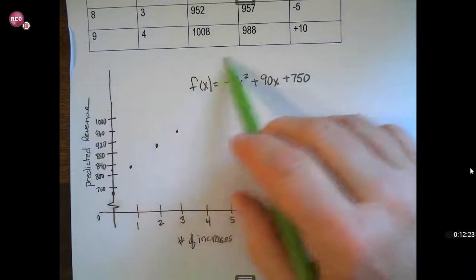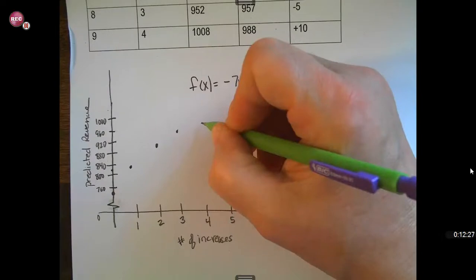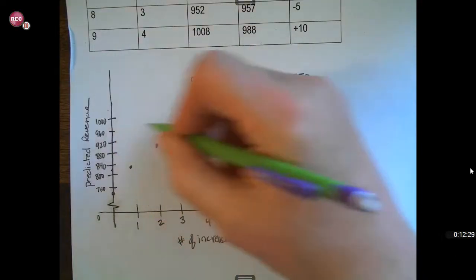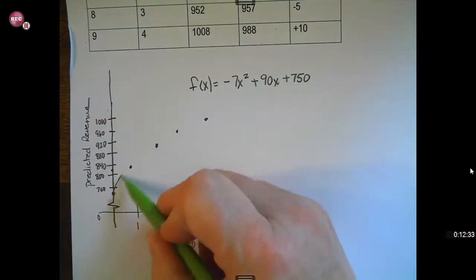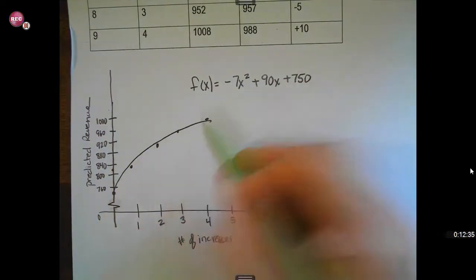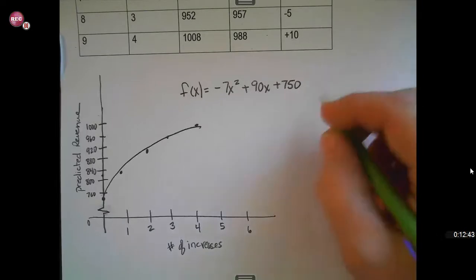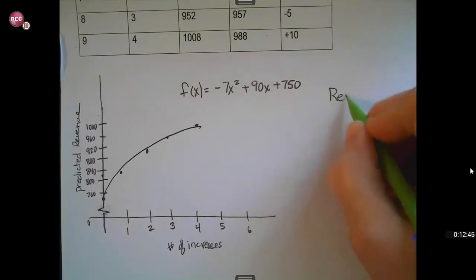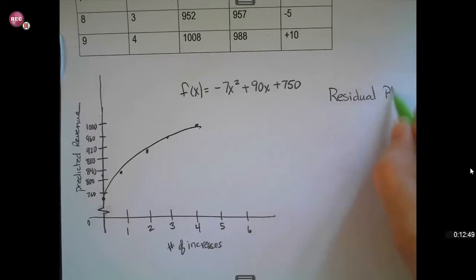And at 4 is 988. And so we want this to appear to be a parabola. Which, I missed a couple of points, but it kind of does. And then it says we want to use the residual plot.